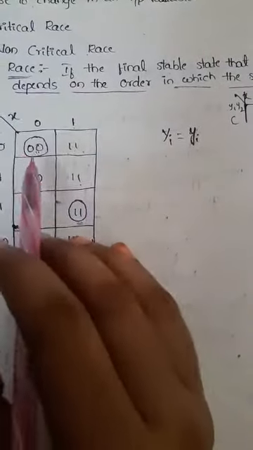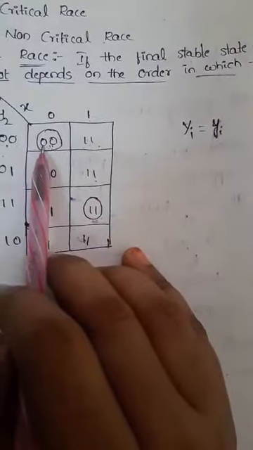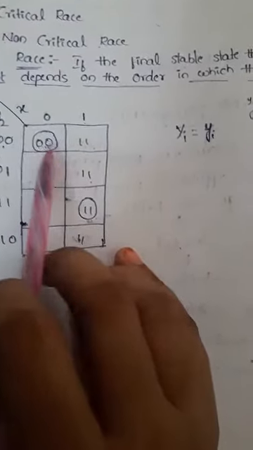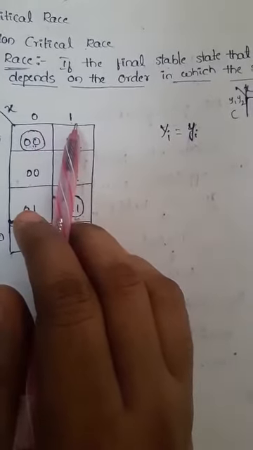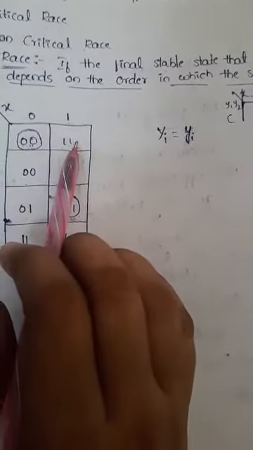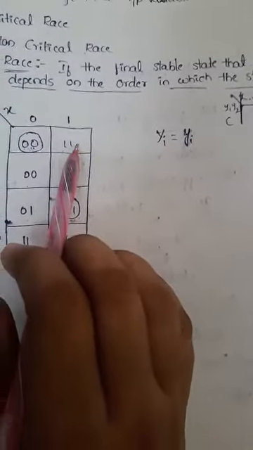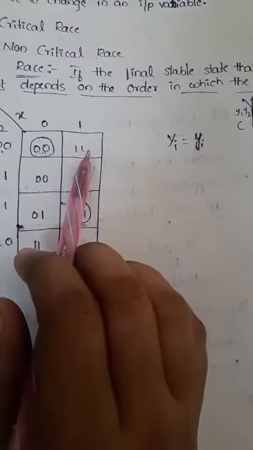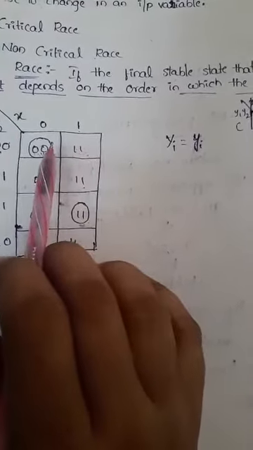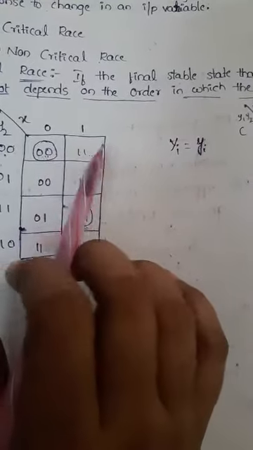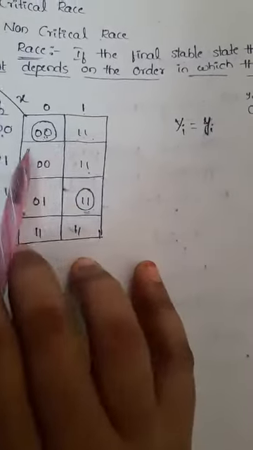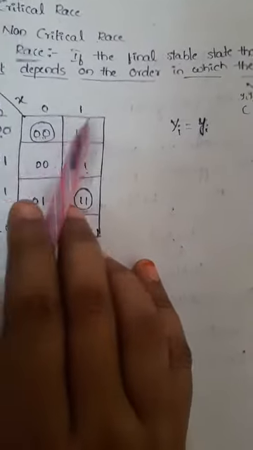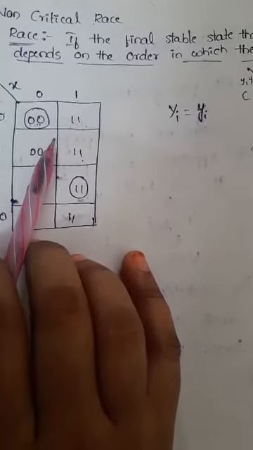If in any row there is a stable condition, whenever the input changes from 0 to 1, and the next stage has more than 1 bit changing at a time, like 2 bits, then automatically a race condition is possible at that stage. So from 0 0 to 1 1, for the input change from 0 to 1, here we will have the race condition.